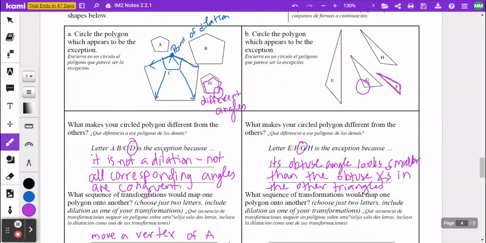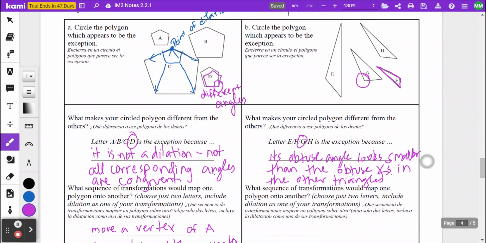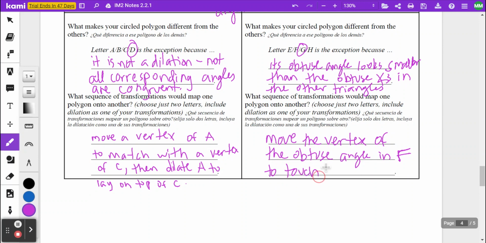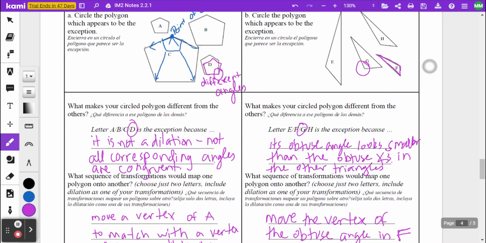And what's the sequence of rigid transformations? Let's pick a hard one. I'm going to go F to H. So move the vertex of the obtuse angle in F to touch the obtuse angle in which one?